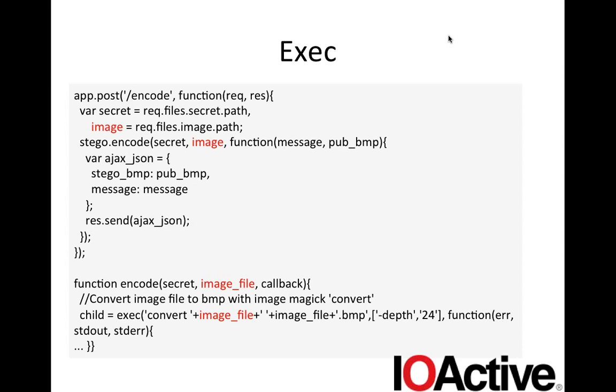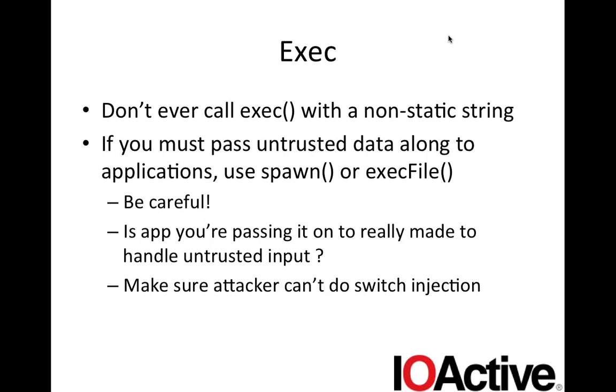So the next one that flows into this is exec and spawn. Node.js offers these APIs called child_process.exec, which is more or less the equivalent to using the system library call in C. Any user input in there is obviously really bad. You get remote command injection.